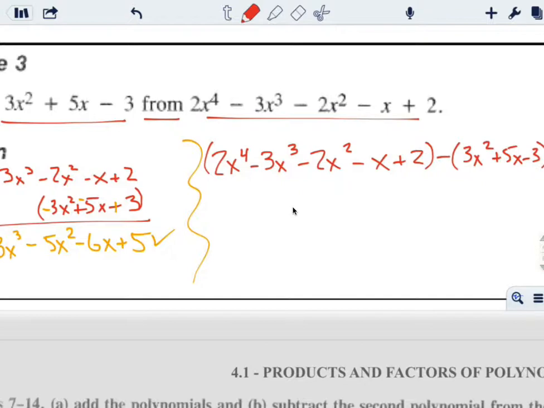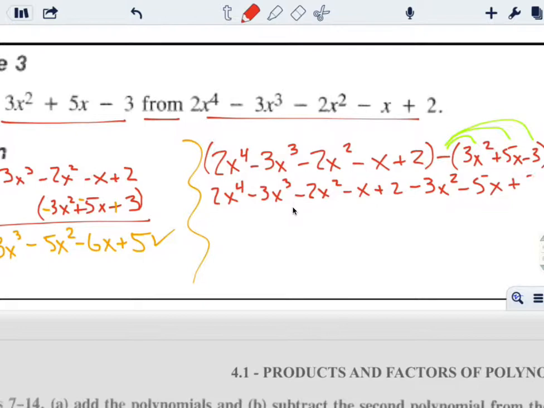The idea here is we just drop the parentheses and we distribute the negative on the second piece. Okay, distribute the negative here, here, here. So we get negative 3x squared minus 5x plus 3.